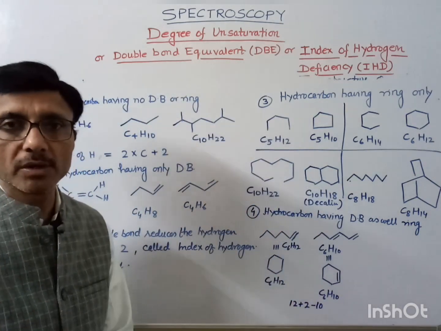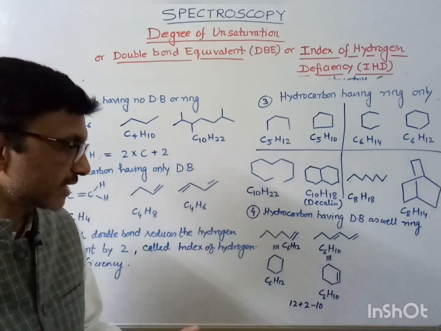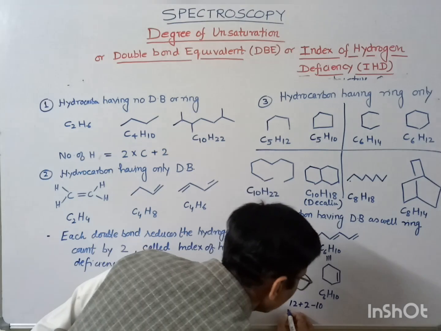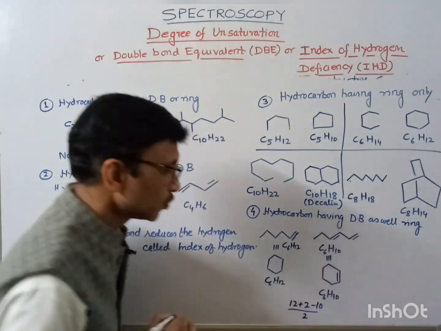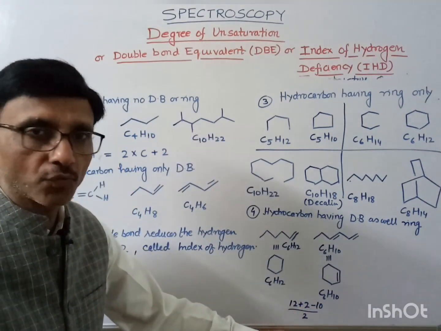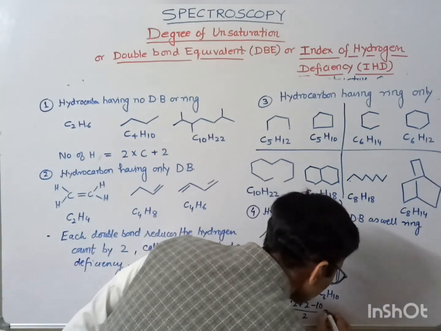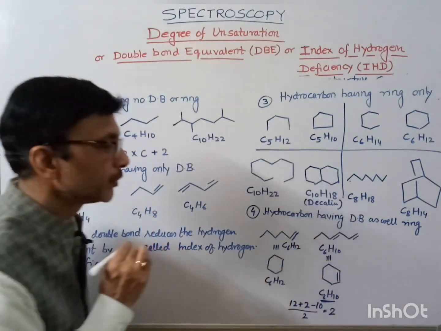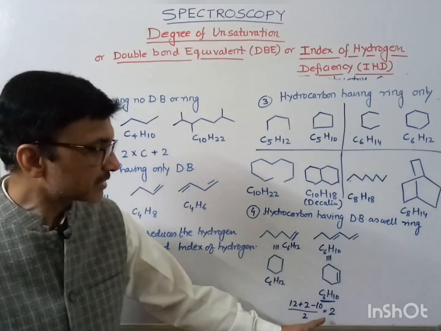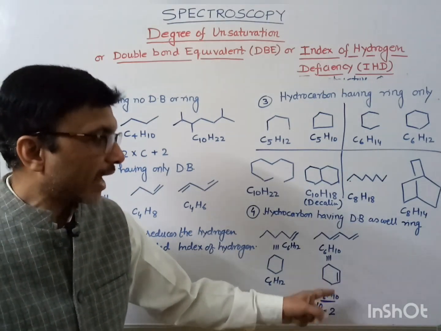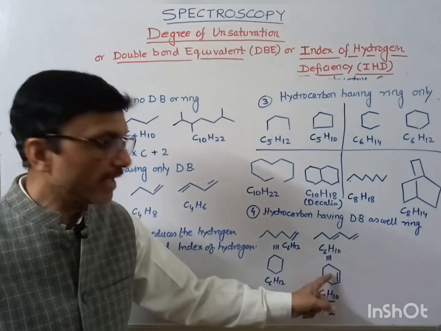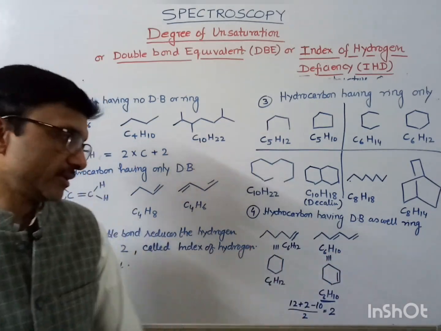Because there is no nitrogen atom, no oxygen atom, I have only written hydrogen, divided by 2. So it is 14 minus 10, that is 4 by 2, that is equal to 2. So the double bond equivalent for this is coming out to be 2. So if the double bond equivalent is 2, it means either it may have 2 double bonds or it may have 1 double bond and 1 ring.